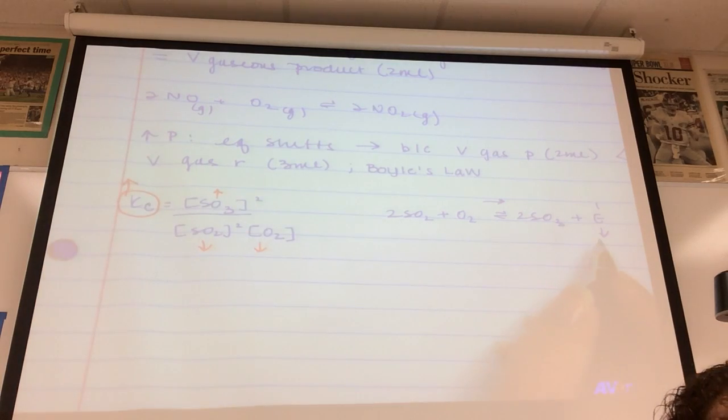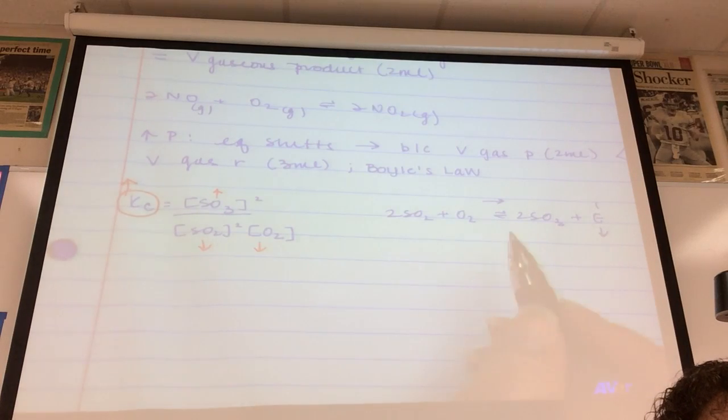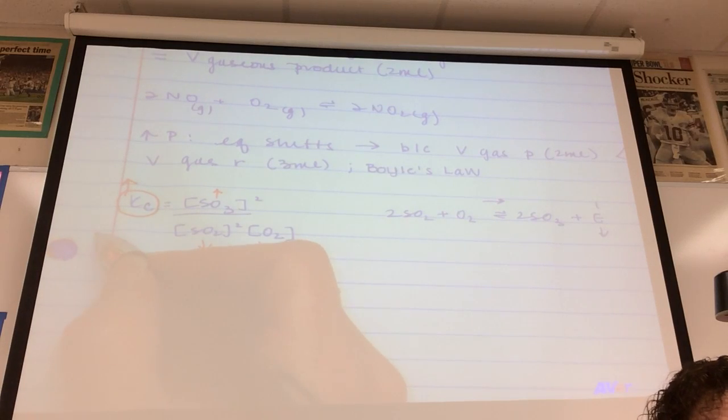This is for an exothermic reaction. Don't memorize, interpret. Although the bottom line is, if temperature alteration results in a forward shift in equilibrium, Kc will increase. If temperature alteration results in a reverse shift in equilibrium, Kc will decrease.